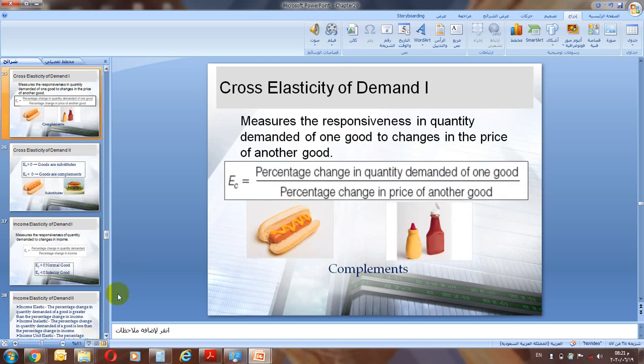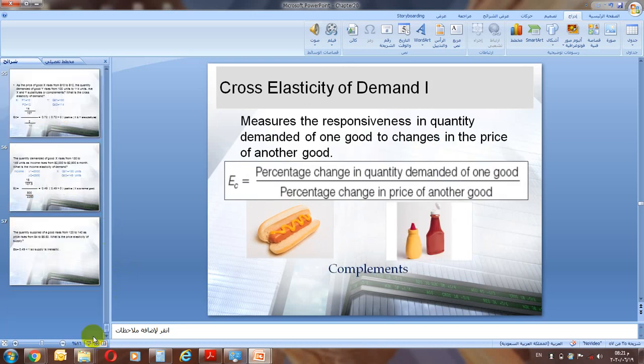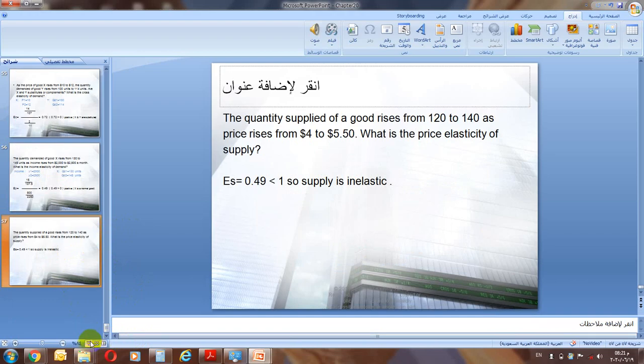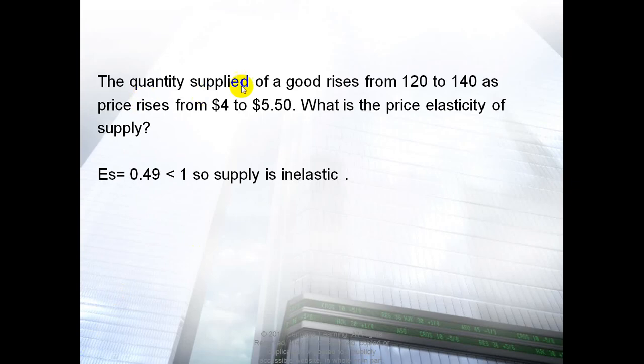The quantity supplied of a good rises from 120 to 140 as price rises from $4 to $5.50. What is the price elasticity of supply? Okay, finding the given data and understanding the question is the most important, the biggest step. So here what is required? ES.